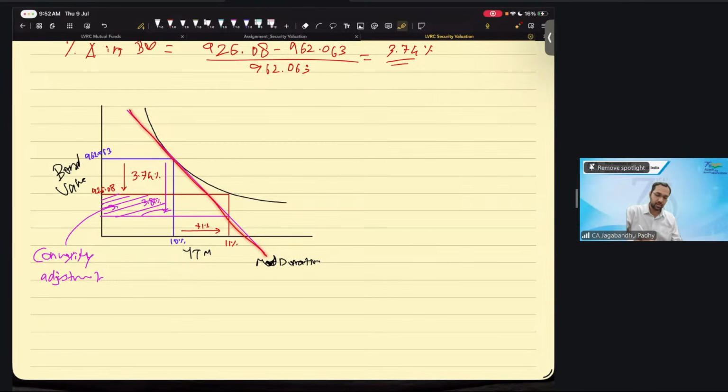So the change is not going to be exactly the same as the curve, because the curve is actually getting slowed down, but your straight line is falling in a similar fashion. So the difference that we observe is called the convexity adjustment.